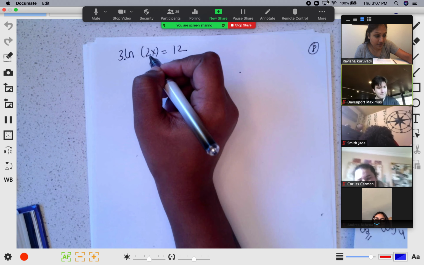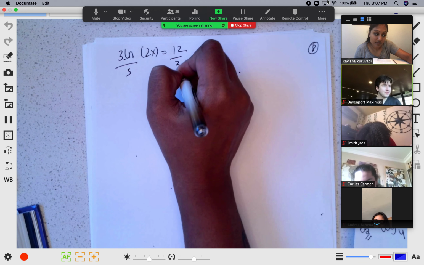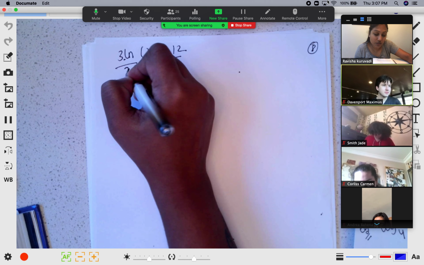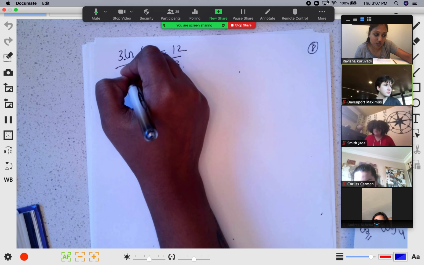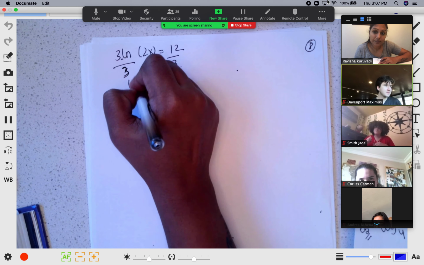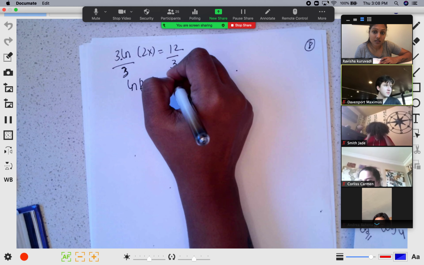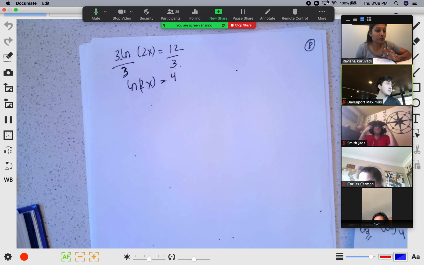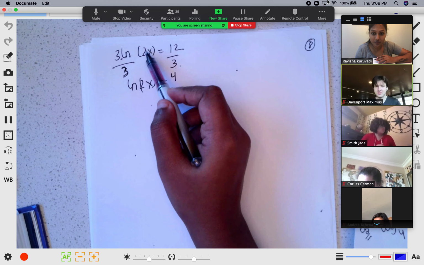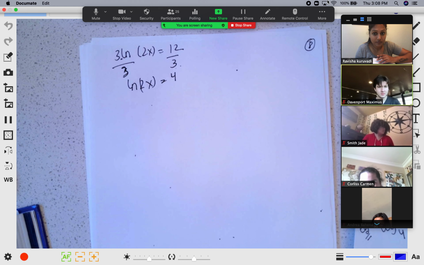Yes. So you divide by 3 on both sides. It becomes ln 2x is equal to 4. But what you said is correct too, Faith. If you put the 3 as a power, it will become 8x cubed here. It will still give you the same answer.